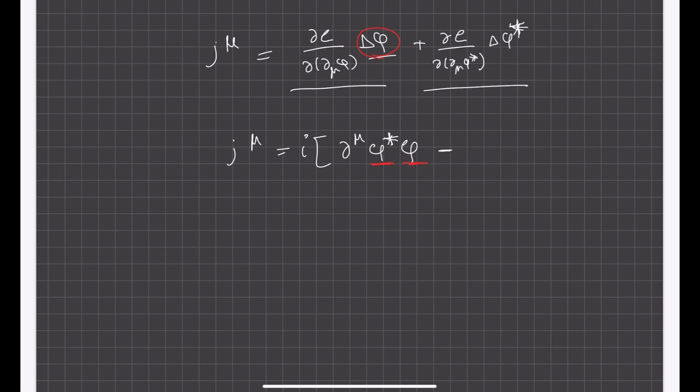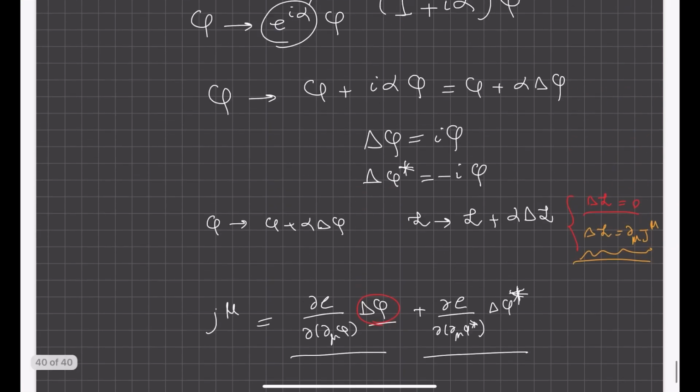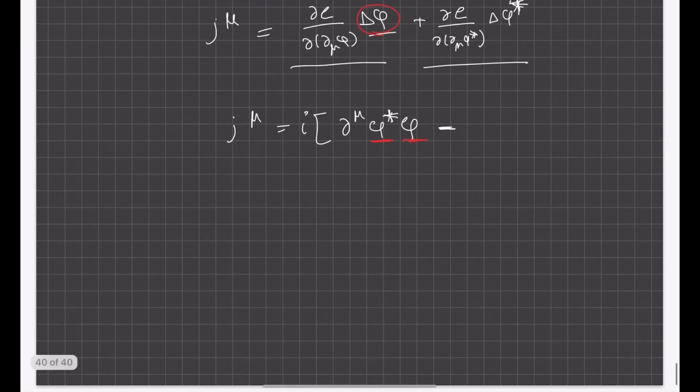Instead, we have this minus sign here because, as we said, phi and phi star show different signs in the transformation. So that would be the mu-th derivative of phi times phi star. And now this is somehow symmetric. Maybe you say one of them has a minus sign. It doesn't matter, because we can transform it in a way that always flips the sign.